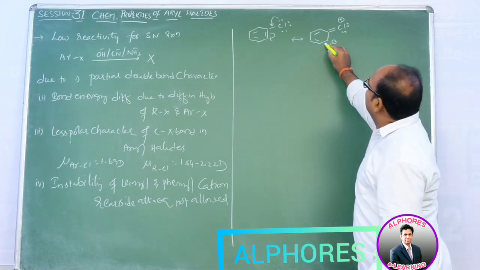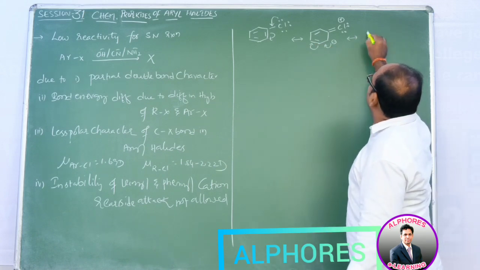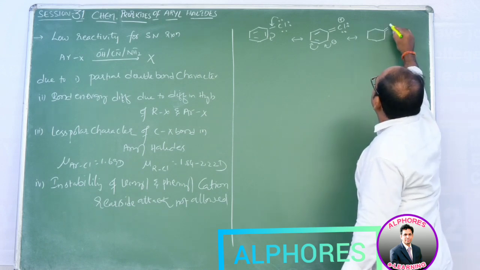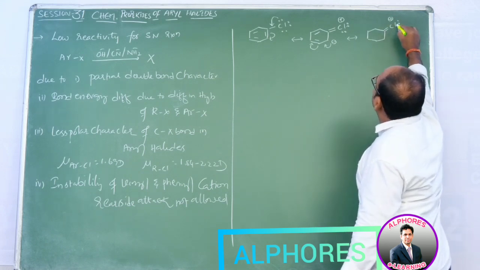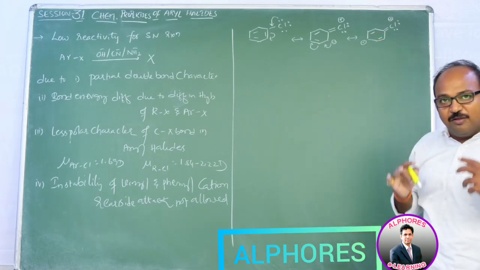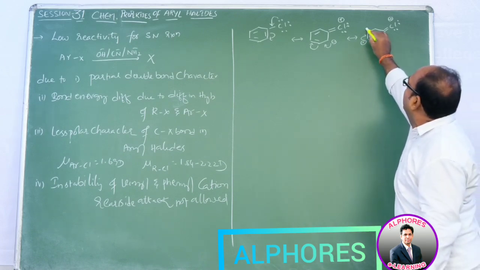This negative charge is involved in delocalization. So next, negative charge appears in the para position. Here Cl plus with 2 lone pairs, here pi bond, here negative charge. And the para position carrying negative charge again is involved in delocalization.